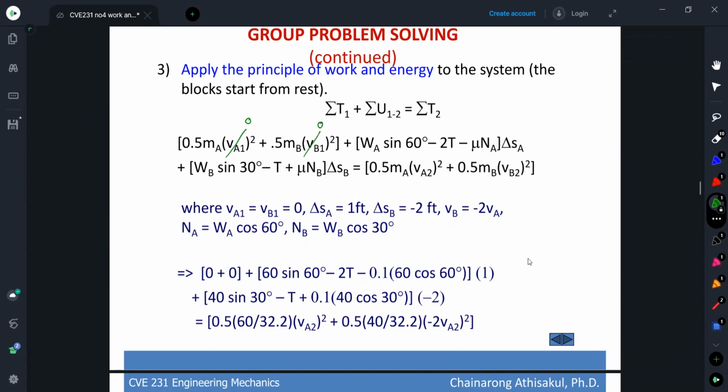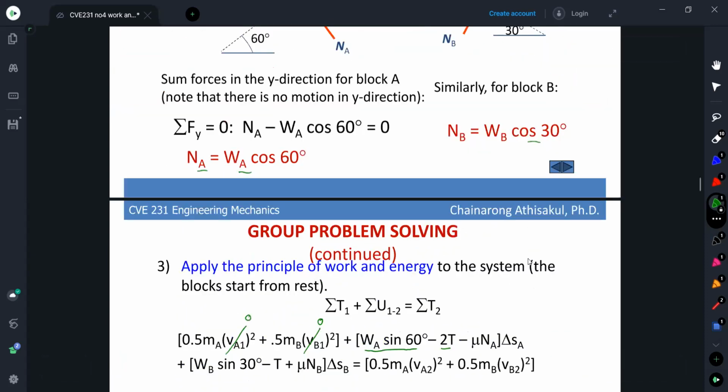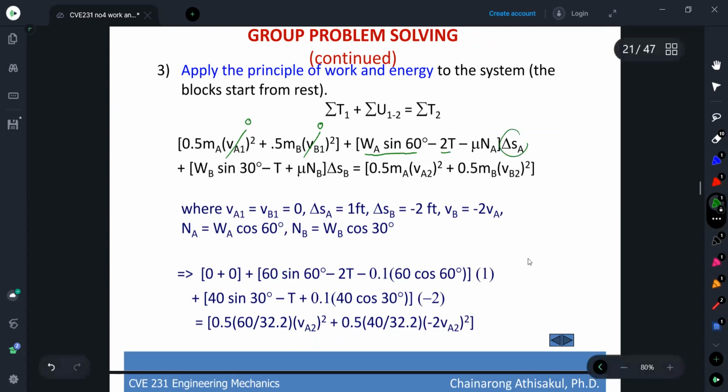So the kinetic energy at the first position is 0, and the work done is composed of the weight in the direction of the inclined plane, WA sine 60 degrees, minus 2T, which is opposite to the downward direction. We set delta SA downward as positive. Sorry, downward is this direction for A.